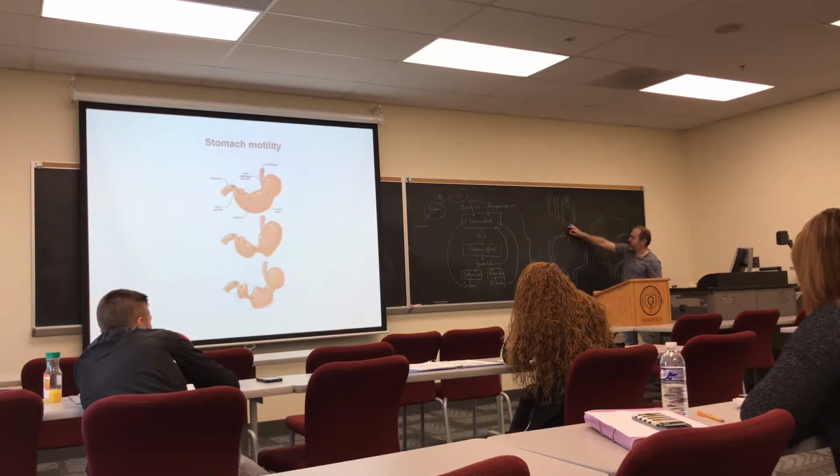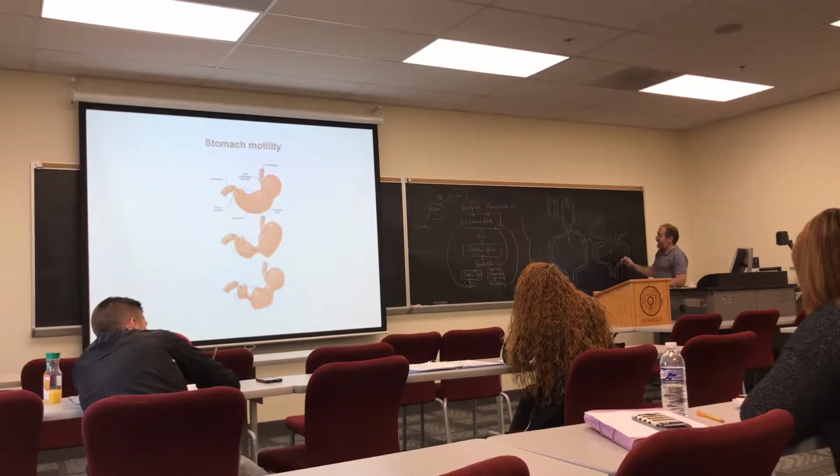So now this region of the stomach is relaxed, and we contract the next region of the stomach, right? Now, if the food was here, now the food is going to be pushed here, right? Then at some point, you're going to contract this region of the stomach, right? You are producing a wave of contraction, and eventually you're going to contract this region of the stomach, and now the food can go to the small intestine, right?